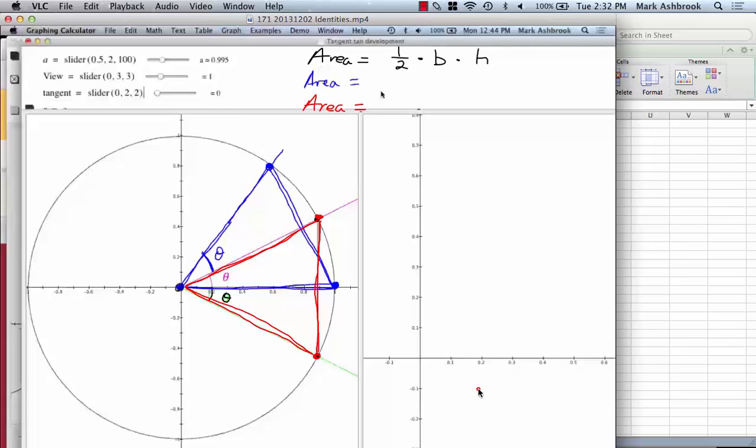The blue one is actually easier to get the base. The base, the radius. The height of this is sine of theta. Let's make sure. The blue one is sine theta, sine 1.